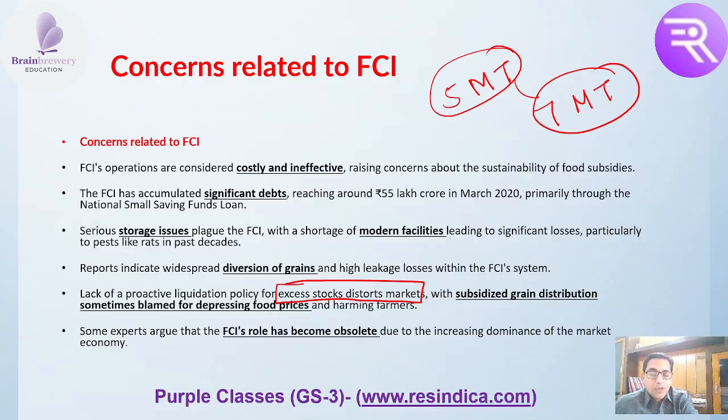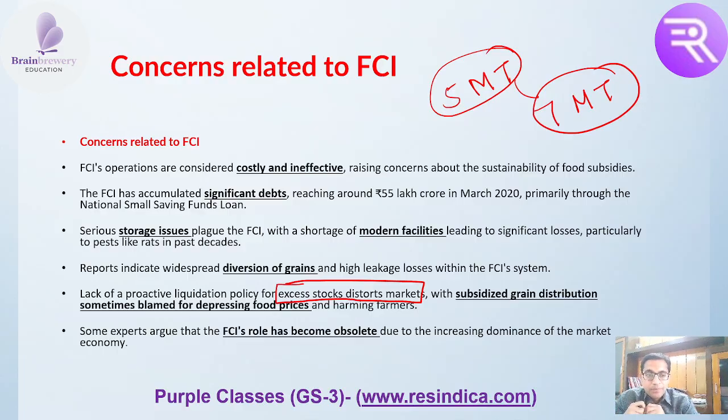There is no policy for that, because if we simply release it in the market, it will distort the market, right? So there is a need for a very proactive policy to decide what exactly we can do with the excess stock.